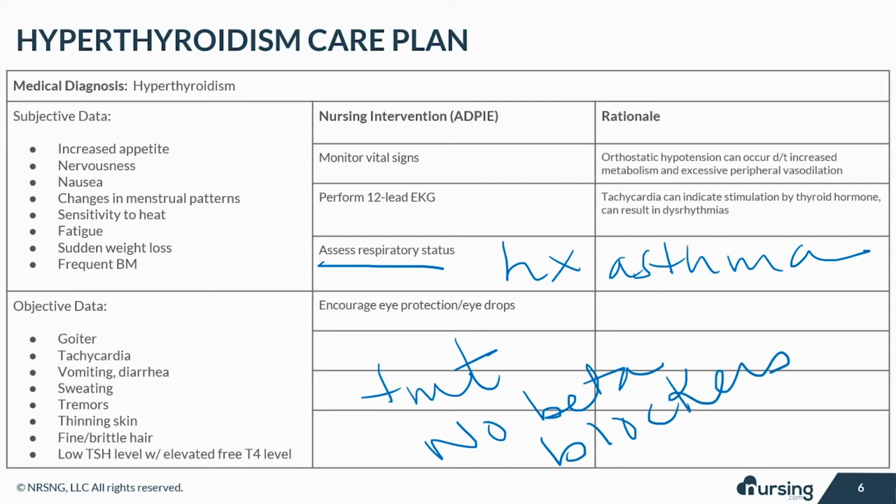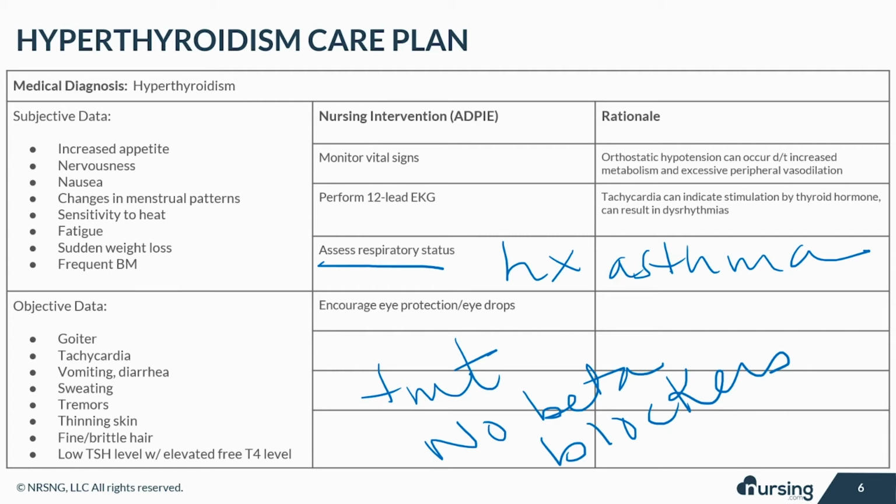So guys, this is because beta cells are found in lung tissue, and the use of these can cause airways to constrict. While this is not likely, it still is a risk, so it is best to avoid beta blockers in a patient with asthma.